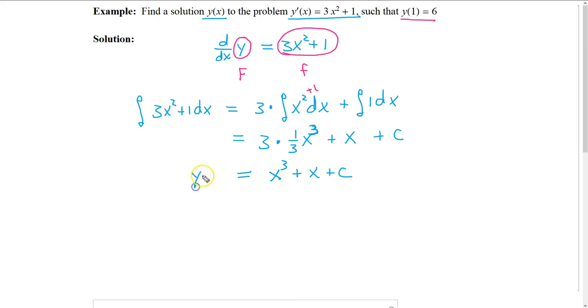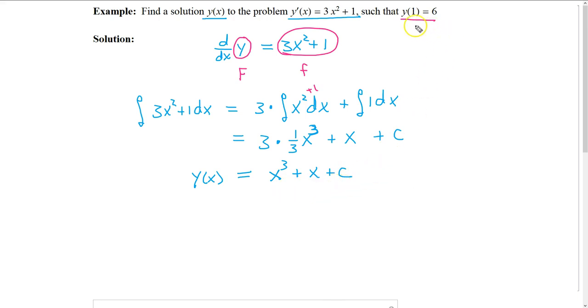So y of x equals this. Notice that if we differentiate this, we get back 3x squared plus 1. The derivative of x cubed is 3x squared, the derivative of x is 1, and the derivative of c is 0.